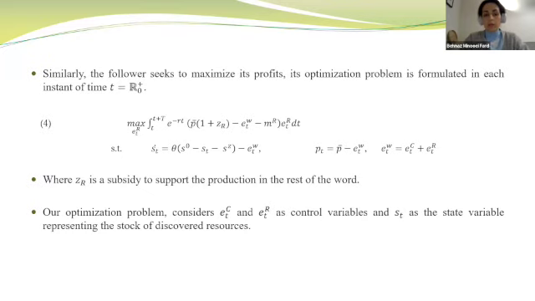Also, the rest of the world has its own optimization problem that you can see in equation 4. It is again subject to the same discovered reserve. However, you can see in equation 4 that we added a subsidy parameter Z to support the production in the rest of the world.